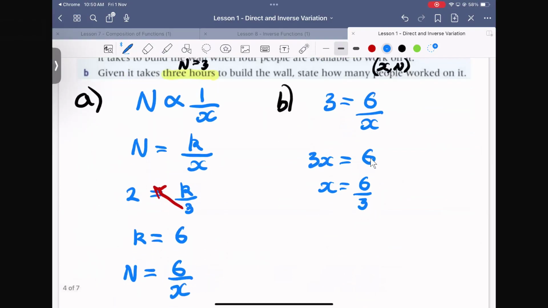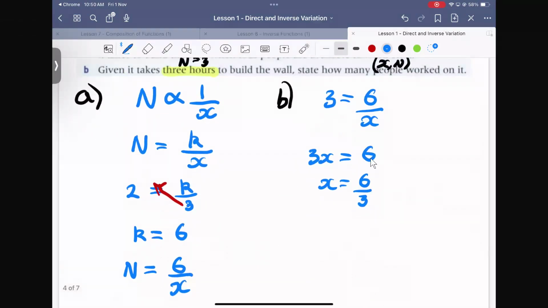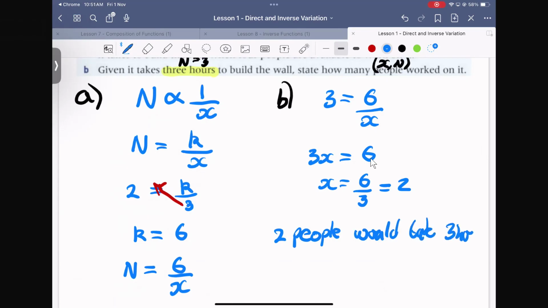So algebraically, you can rearrange it as well if you want. We get 2. So reread the question before you exit. Given it takes 3 hours to build the wall, how many people worked on the wall? So we would say 2 people would take 3 hours. The answer there is 2 people.